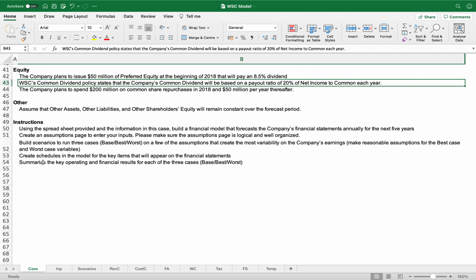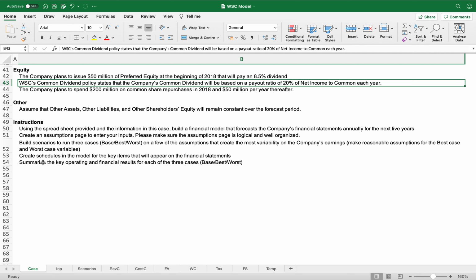Then the common dividend policy states that the company's common dividend means dividend to the equity shareholders, the common stocks, and not the preferred stocks. The common dividend will be based on a payout ratio of 20% to net income to the common each year. We are also given that the company plans to spend $200 million on common share repurchases in 2018 and $50 million per year thereafter.